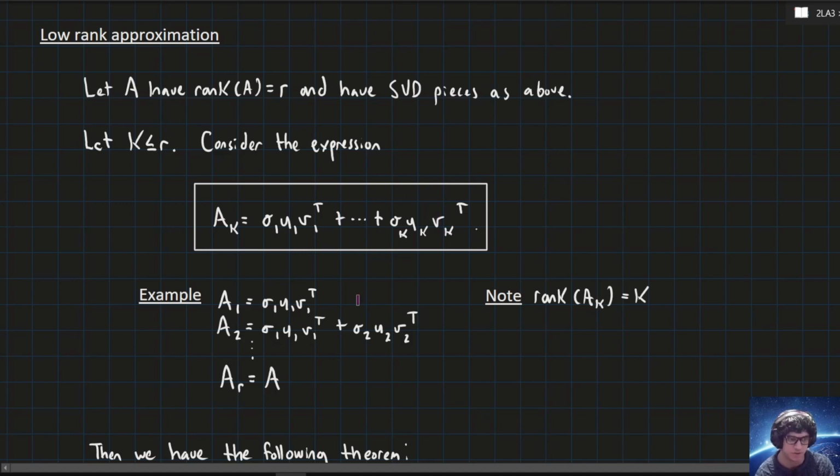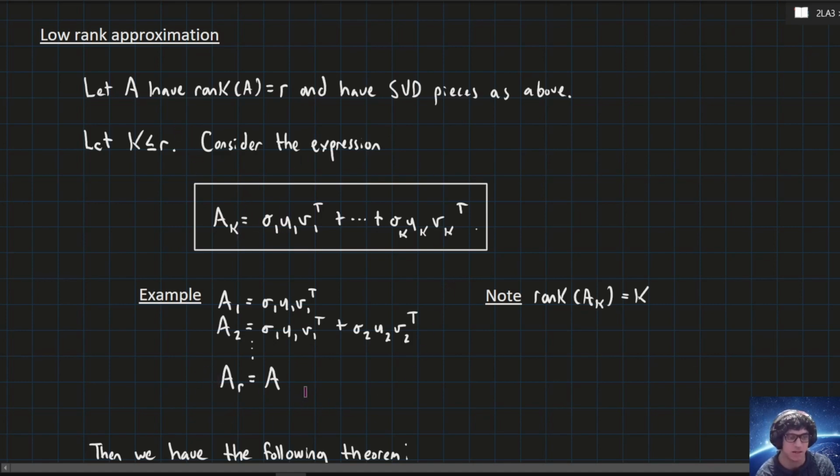So A1 is just the first piece. Just take the first piece, that's it. A2 will be the first two pieces, and so on. A10 will be the first 10 pieces.